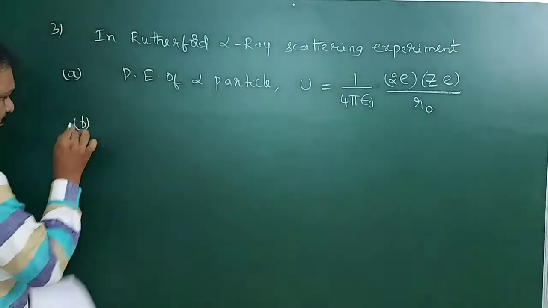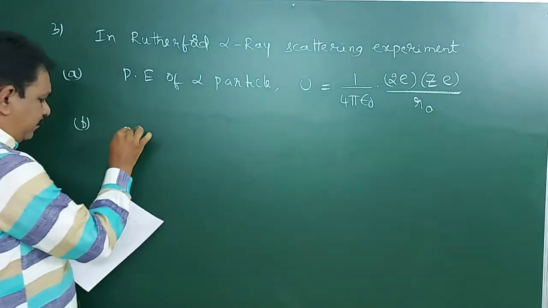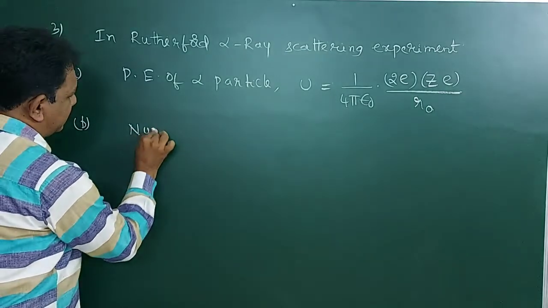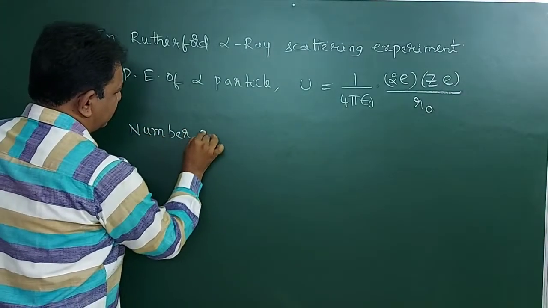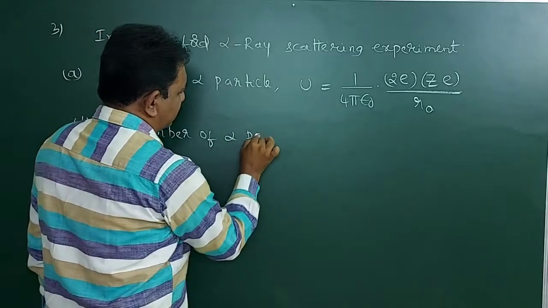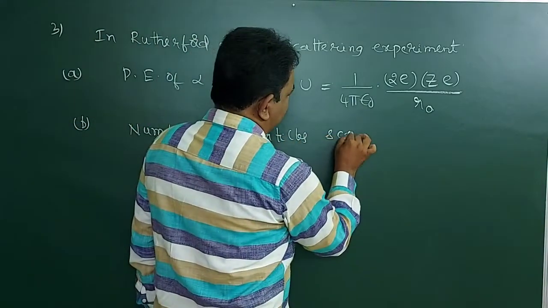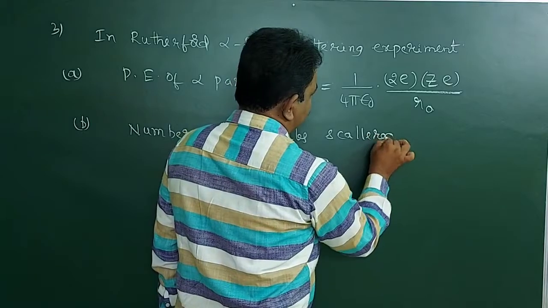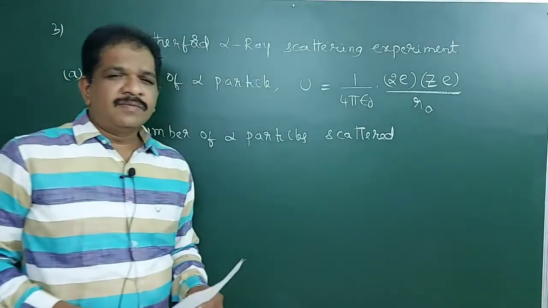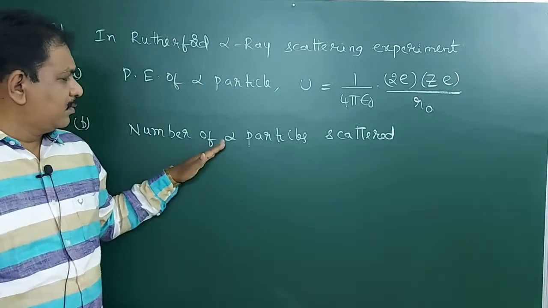Next, B. Number of alpha particles scattered. One or two problems are there, not too many problems on this.